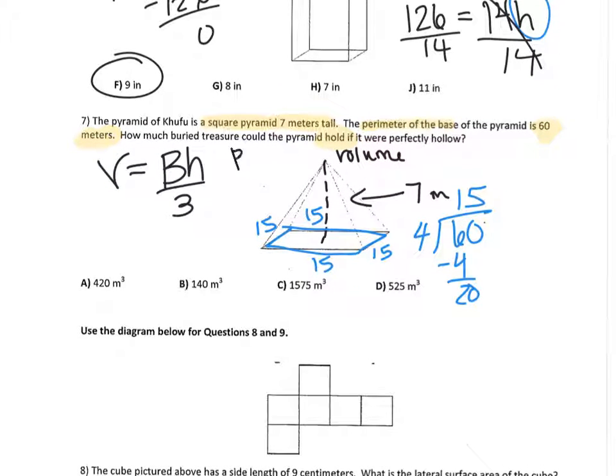So the area of your base, 15 times 15, since we figured out those are our side lengths. Times the height. 225. Divided by 3.